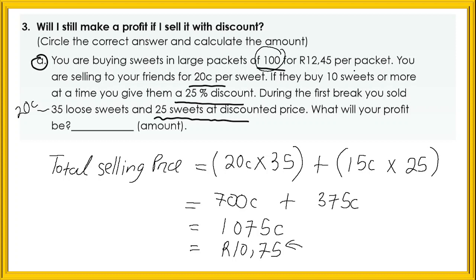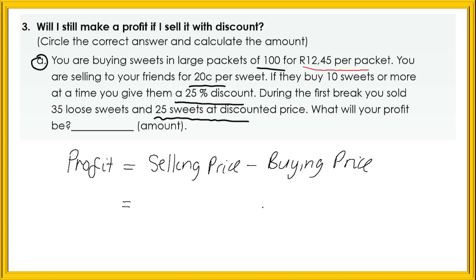You are selling to your friends for 20 cents each. But then you manage to sell 35 loose sweets and 25 sweets at a discounted price. No, we didn't make a mistake at all. We are making a loss here.